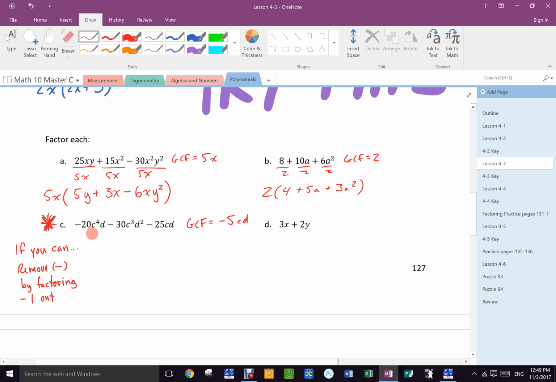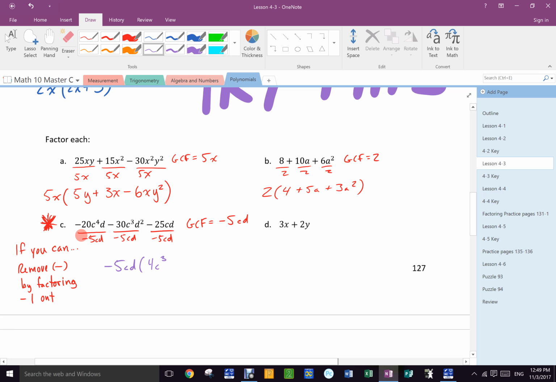So now, does anything else change? No. So what do we divide this by? Negative 5CD. What do we divide this by? CD. What do we divide this by? So what's on the outside? Negative 5CD. What's this first one? Here's where it's going to mess you up. 4C cubed.